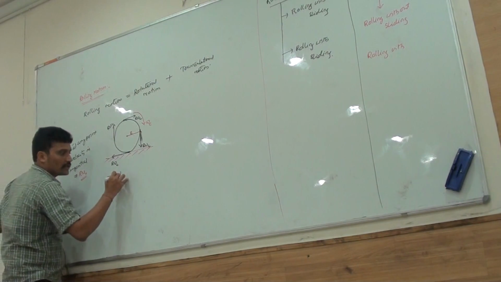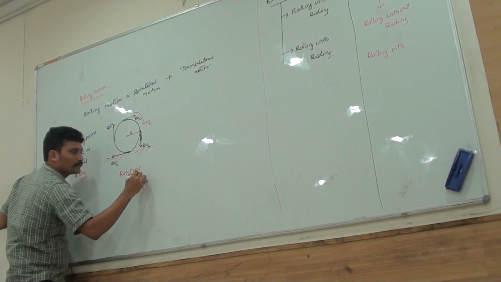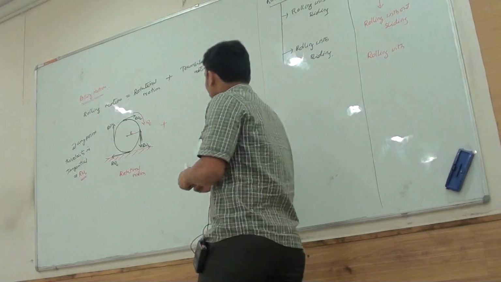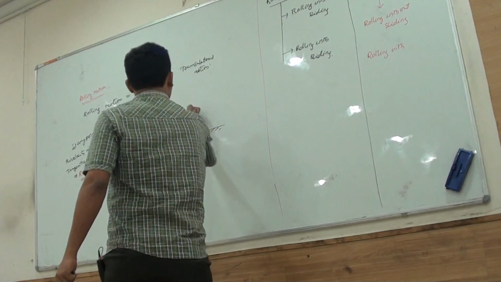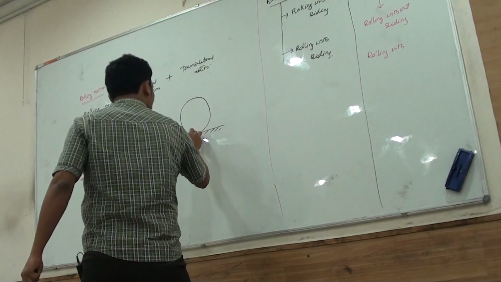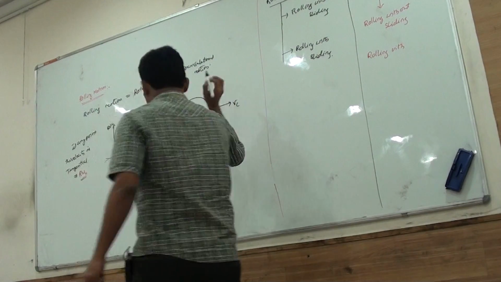This motion is called rotational motion. Plus, suppose the same wheel is on the ground, and its center is moving with translational velocity Vc.